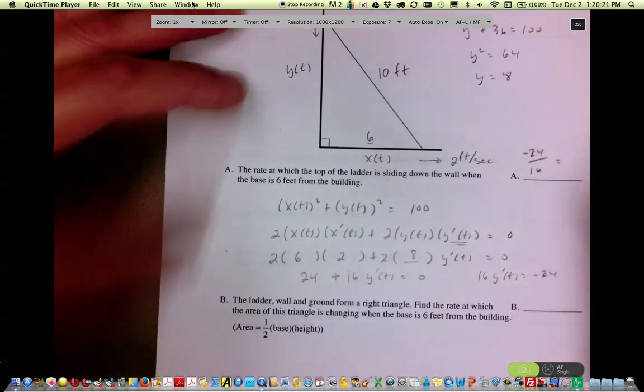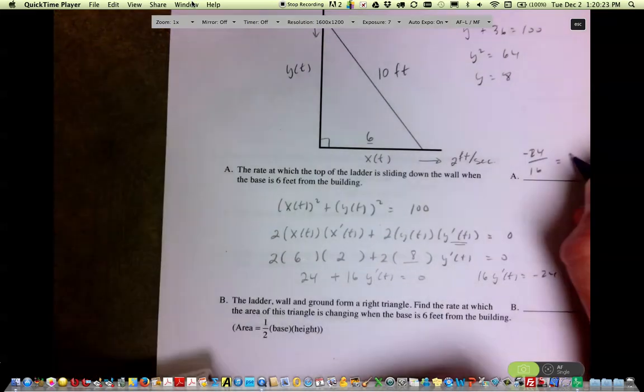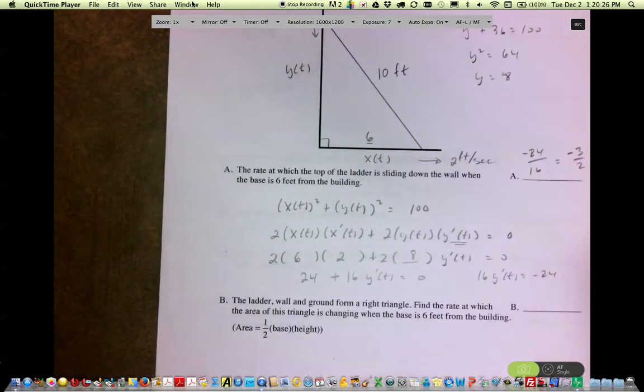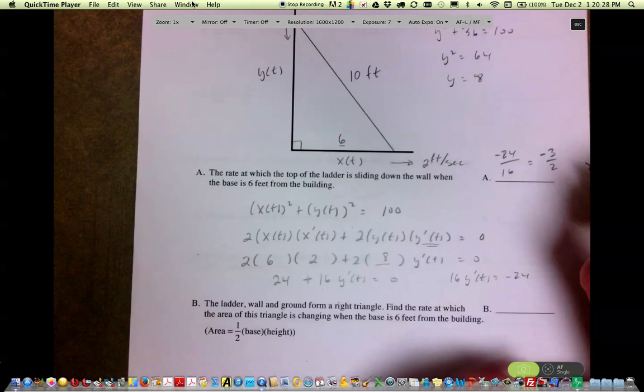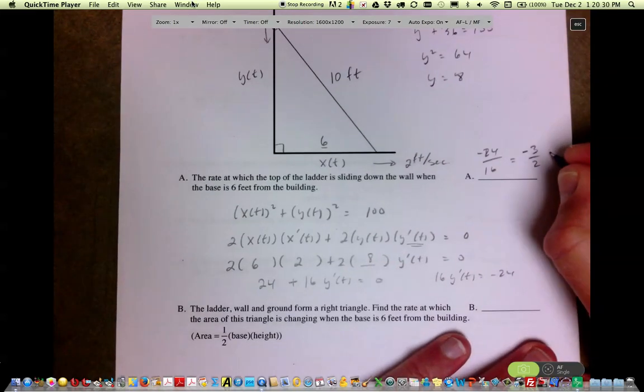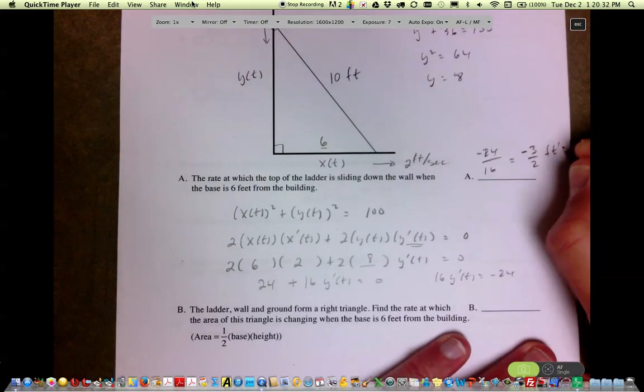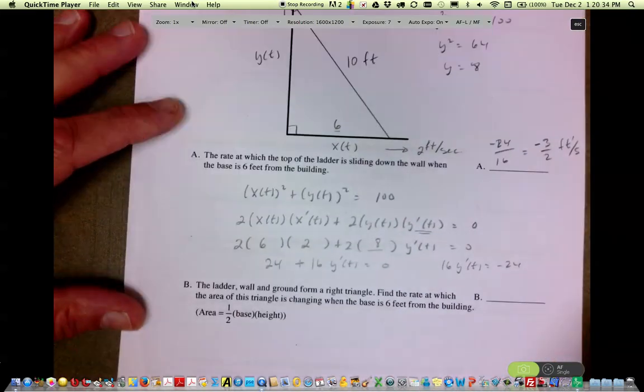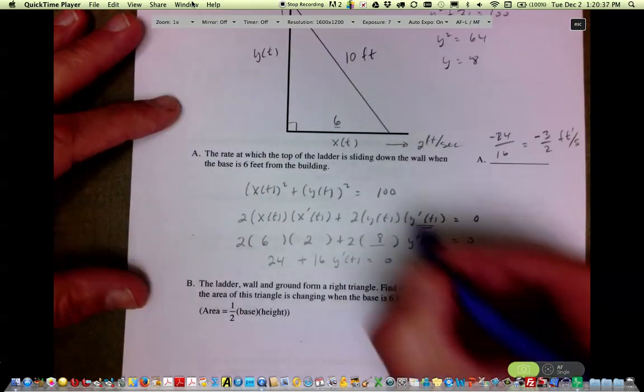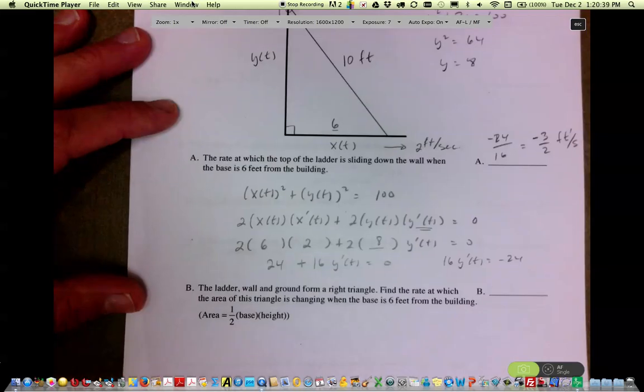Since 8 goes into both, that is negative 3 halves. I didn't ask you to put units on this one, but the units would be feet per second. So the top is dropping at a rate of 1.5 feet per second at that instant.